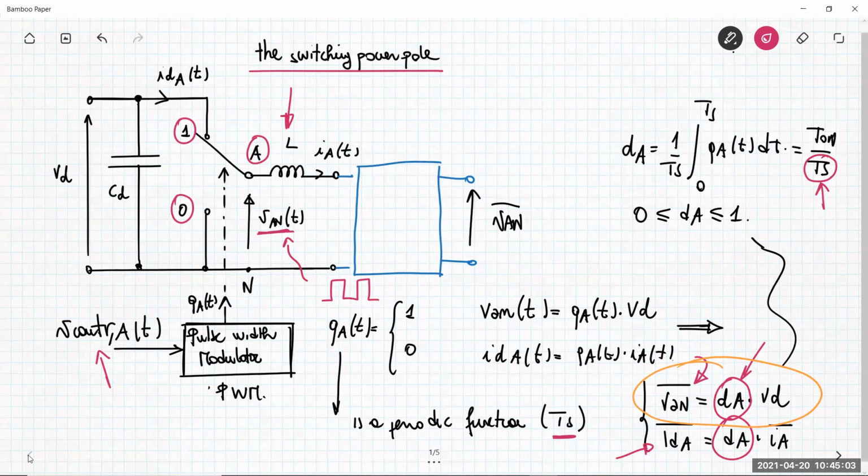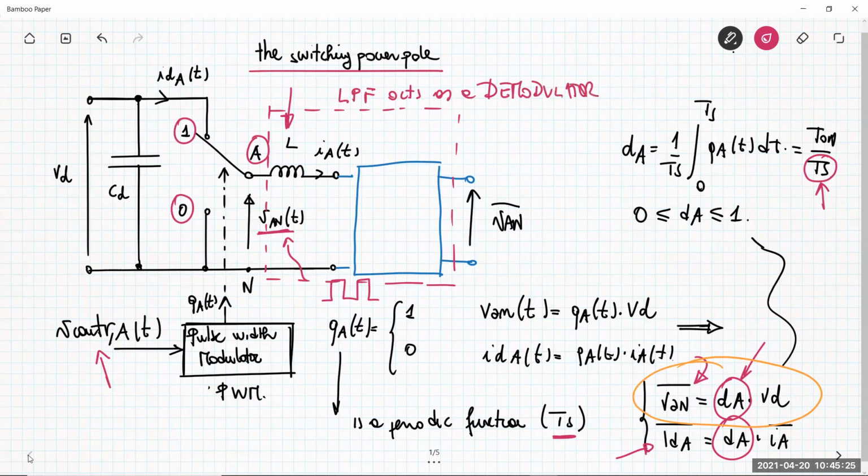So typically the demodulator is the block that includes also the inductance. So this is a low pass filter that acts as a demodulator.